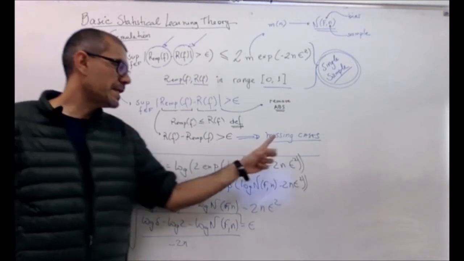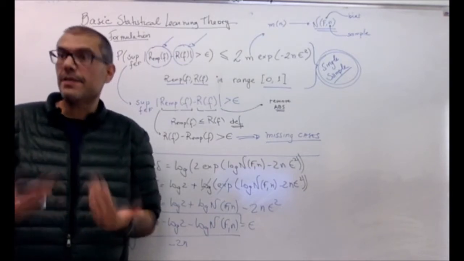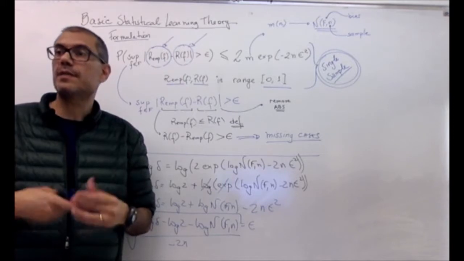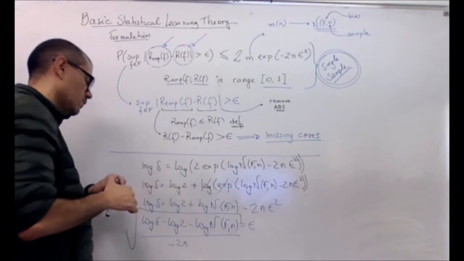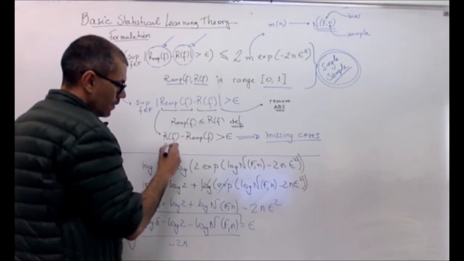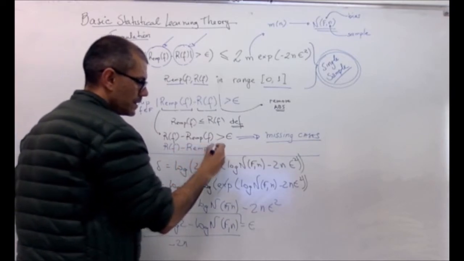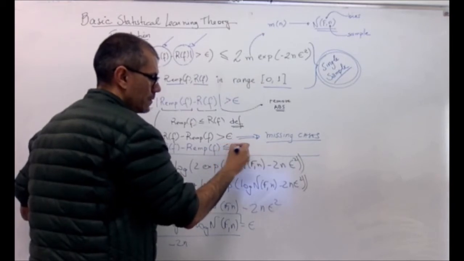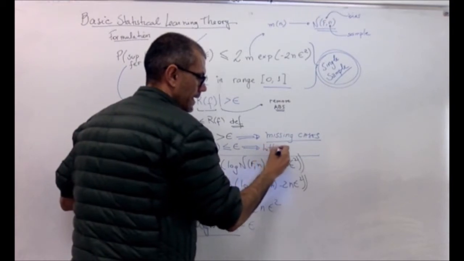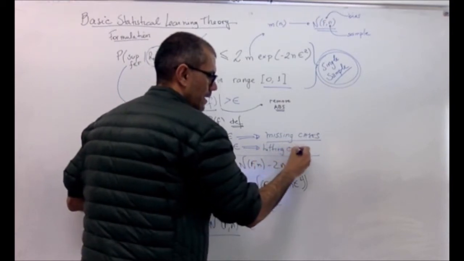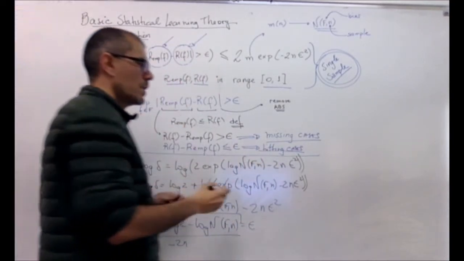So if that's the missing, I could look to the other side, to the hitting cases, the cases where we had a good solution, when this difference was not greater than, but smaller than or equal to epsilon. So these are the cases where our classifier has indeed worked properly, whose results were good.